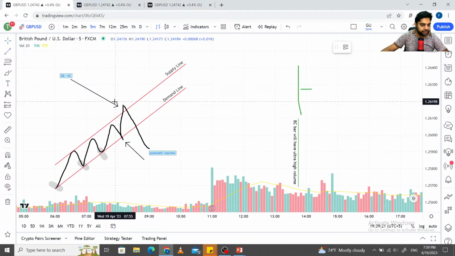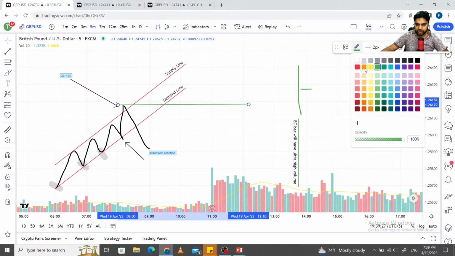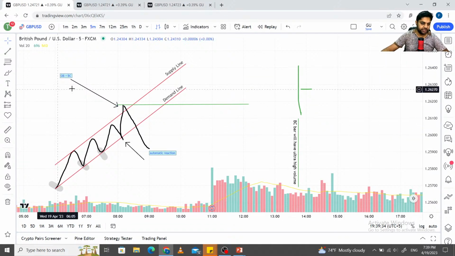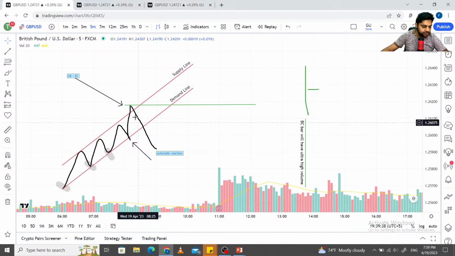So you will also make a resistance over here, and you should make it, let's say, green. This is the resistance line which you have drawn after you saw a buying climax and a BC bar, which is the buying climax bar. So you have this buying climax, and then the market comes down with a strong down move, the automatic reaction.